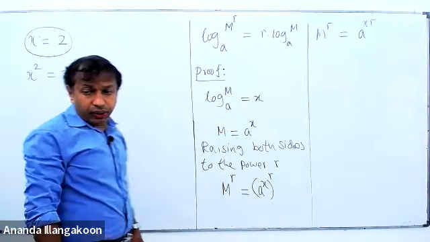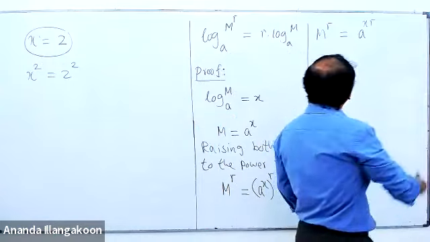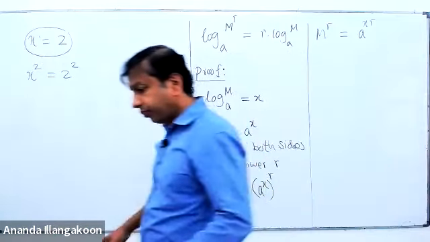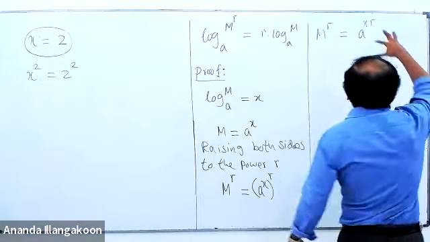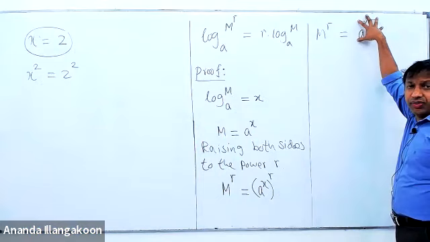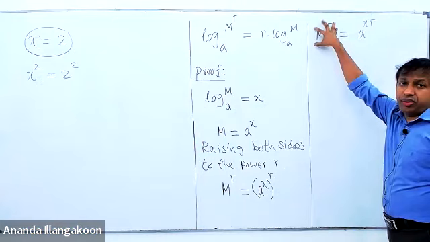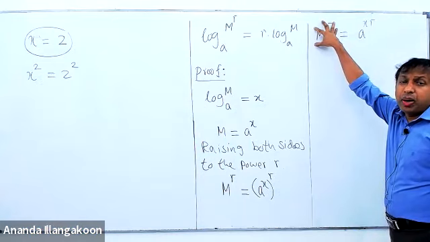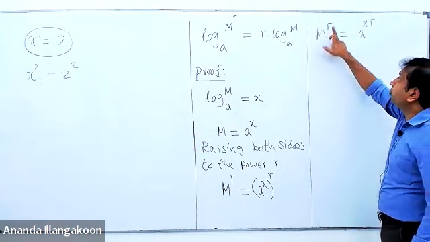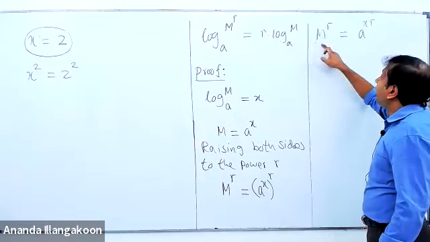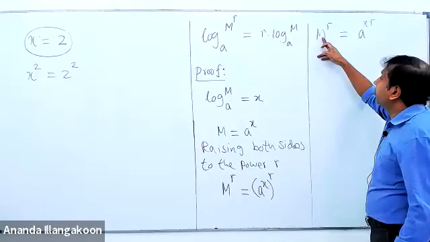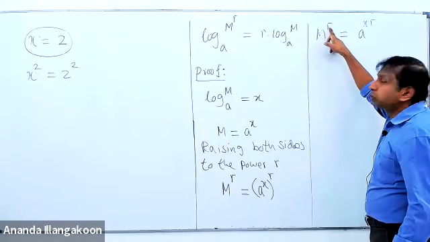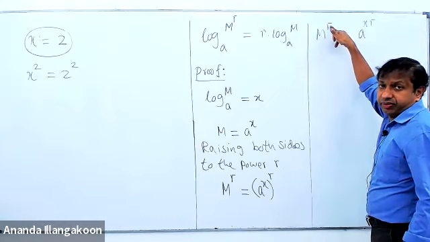Now you can see the right hand side is a certain number, and the left hand side is also a certain number. You can think of it like this: m to the power r finally gives a single answer on the left hand side. Suppose m is 5, r is 2, we get 5 squared, 25.